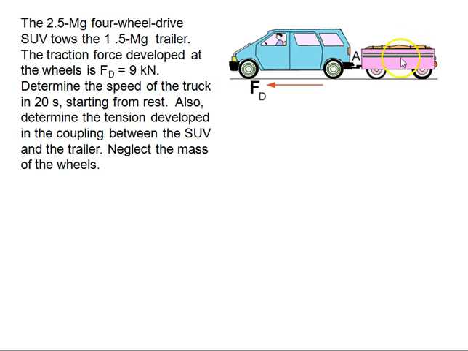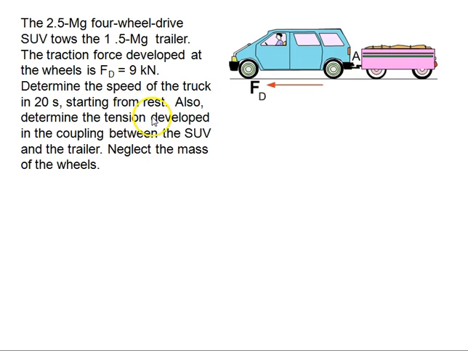Then the mass of this trailer is given to be 1.5 megagrams. The traction force developed, which is the cause for movement, is Fd, which is assumed to be constant at 9 kilonewtons. And we need to find the speed of the truck in 20 seconds starting from rest.